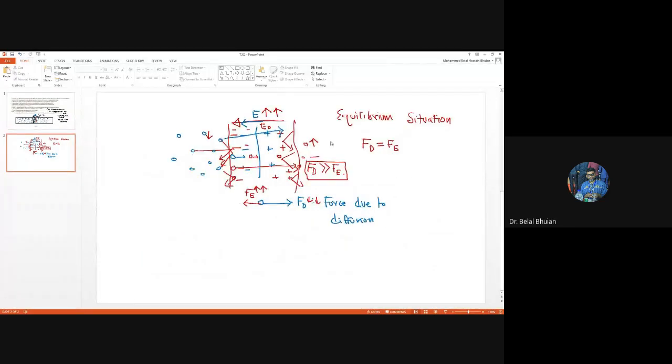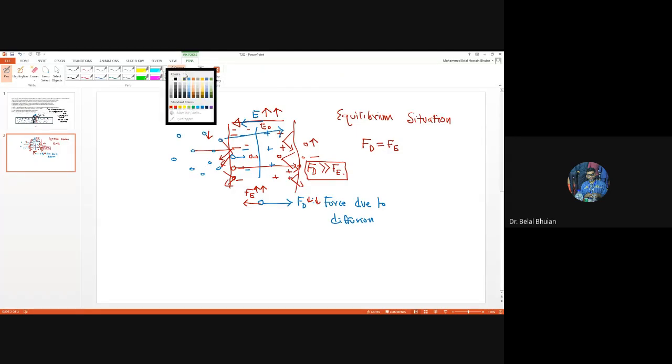So let's say once an electric field has been established, we have an electric field existing where there is an exposed positive charge and exposed negative charge. So we called it what?